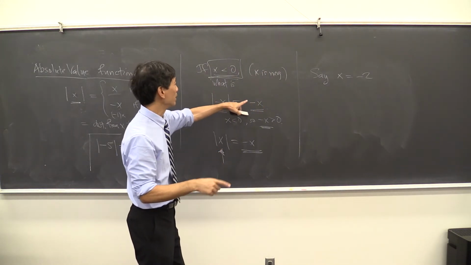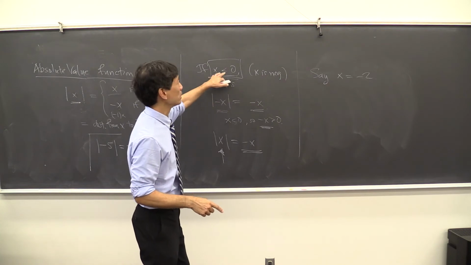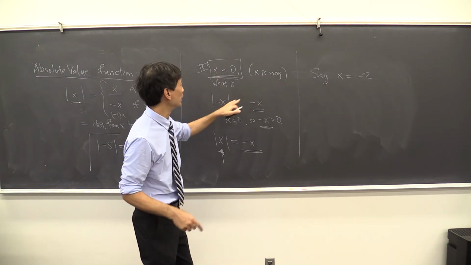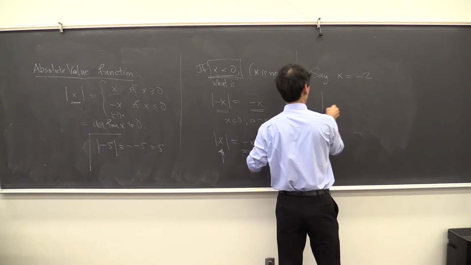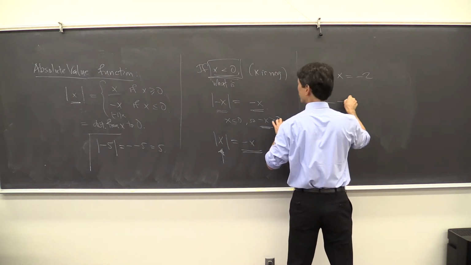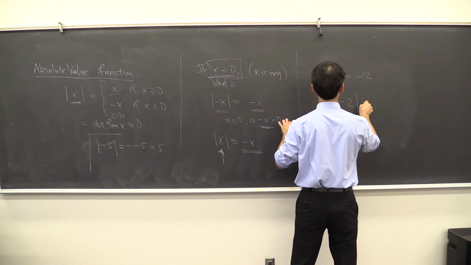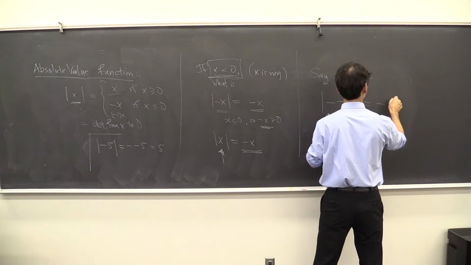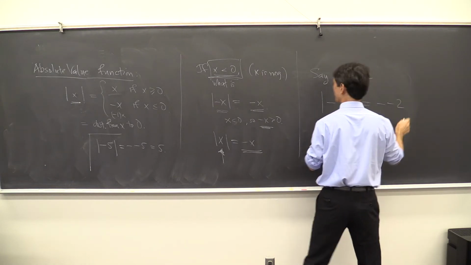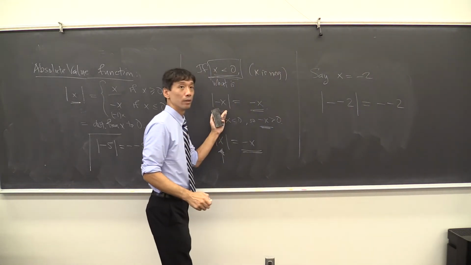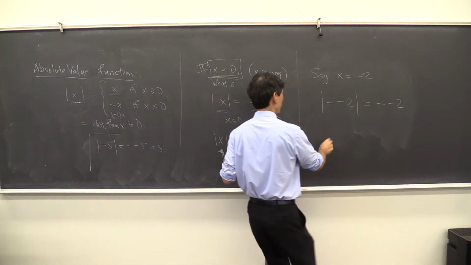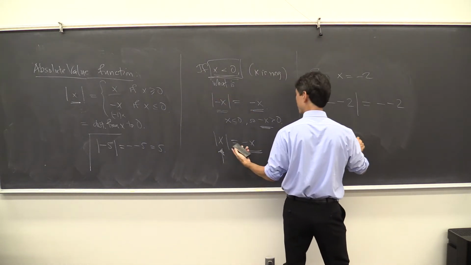Thank you, Amelia. Let me make this concrete. Suppose x is negative 2. What's the absolute value of negative 2? It's 2. Down here, what's the absolute value of negative 2?